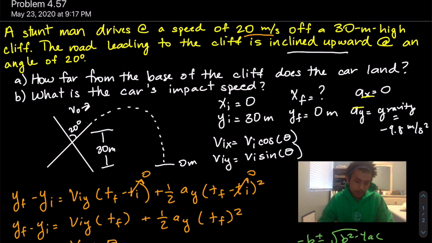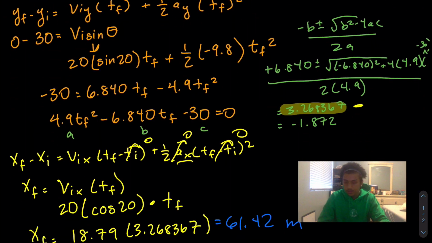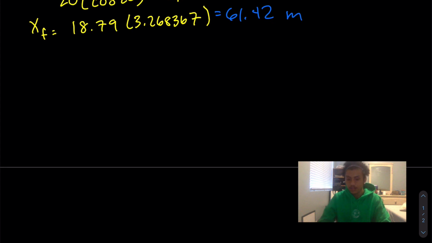Now for the second part, it asks what the car's impact speed is. So what we're looking for is the final velocity. Since you're going to have an x and a y, you have to use the component method at the end. To find the final velocity in the x direction, the initial velocity in the x direction equals the final velocity in the x direction.